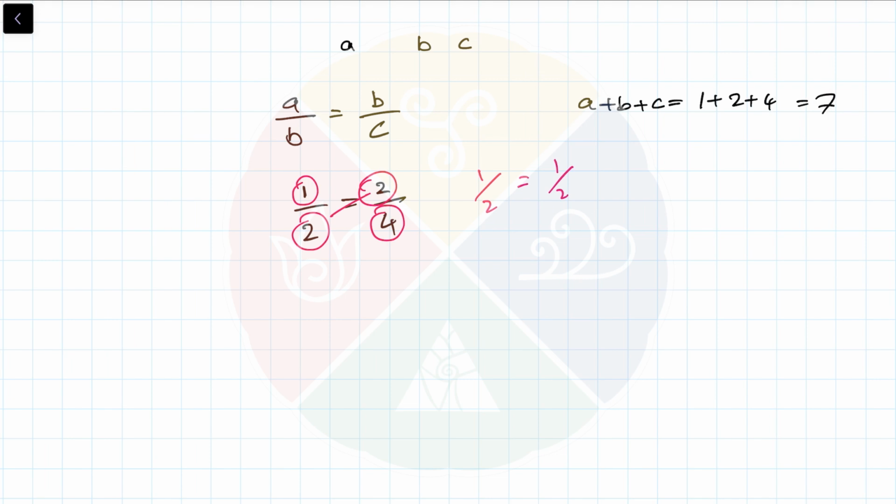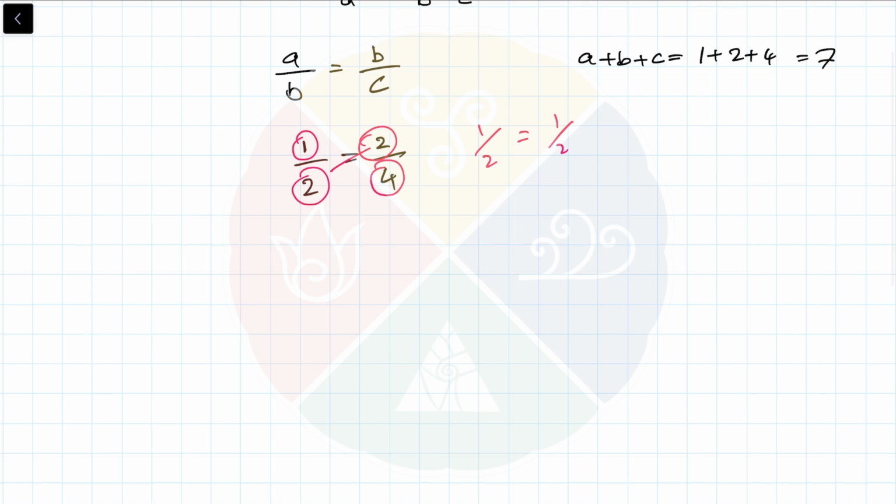But here there lies a twist. The same numbers, I can rearrange in some way. Right now I'm taking 1, 2, and 4. What if I reassign? A is 4, B is 2, C is 1.